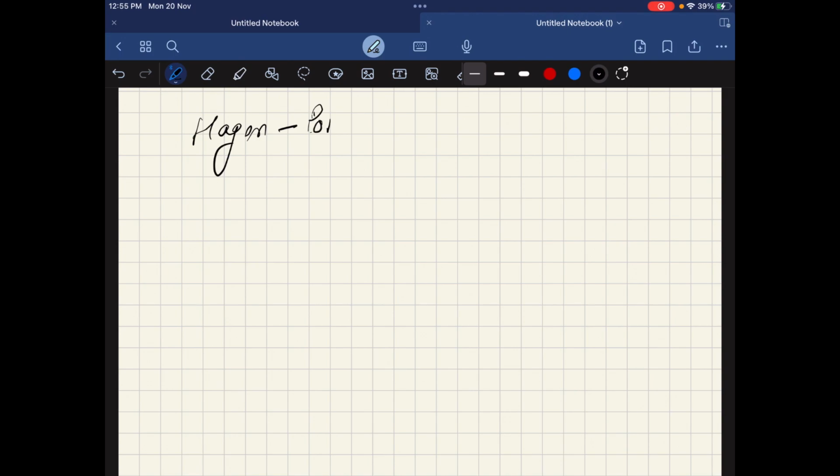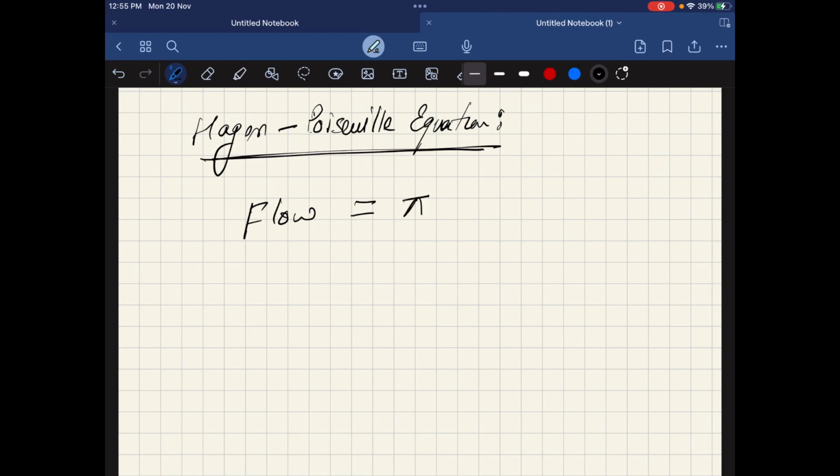Another principle which is related with the flow of the fluid is Hagen-Poiseuille's equation, which actually decides the flow rate of the fluid inside a tube, which is equal to pi, then pressure difference at the end of the tube, then radius to the power 4 divided by 8, then viscosity, and then the length of the tube.